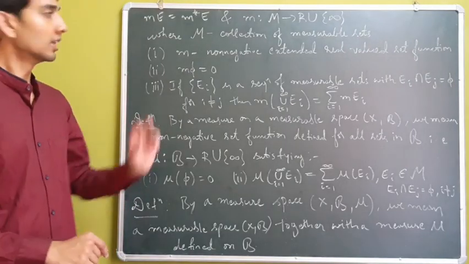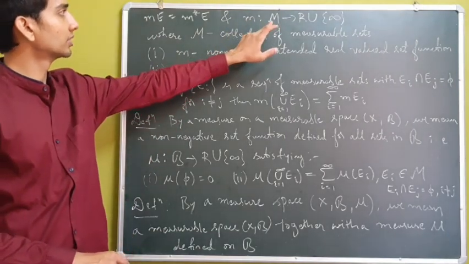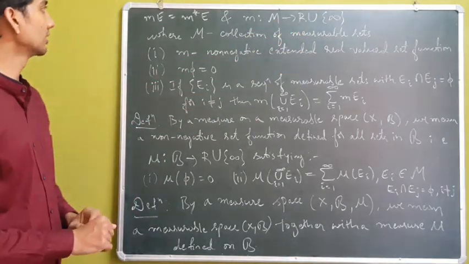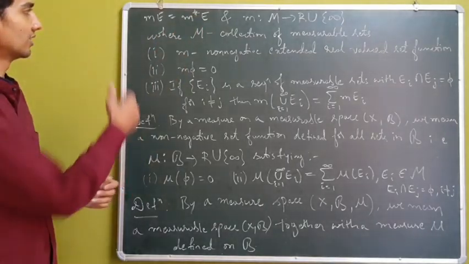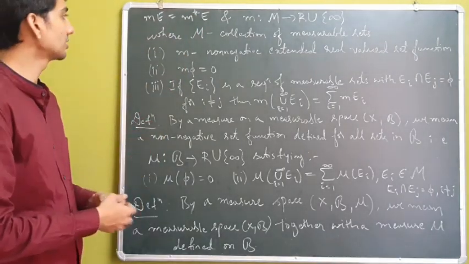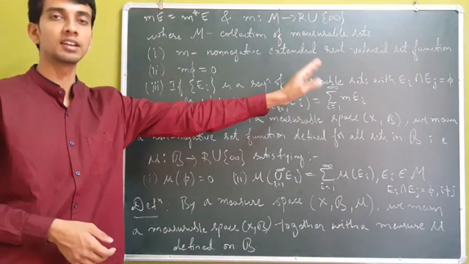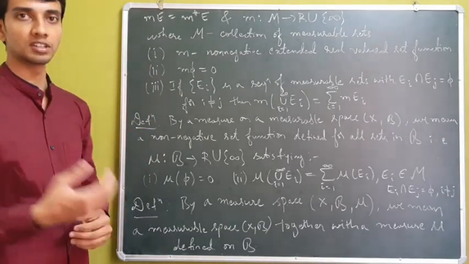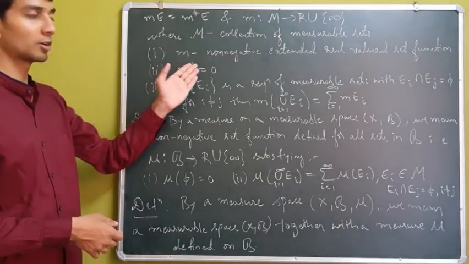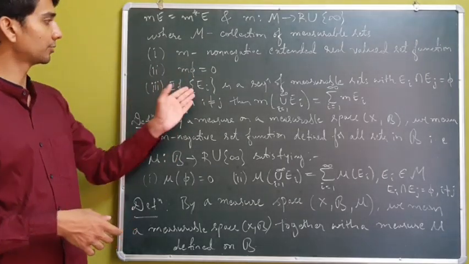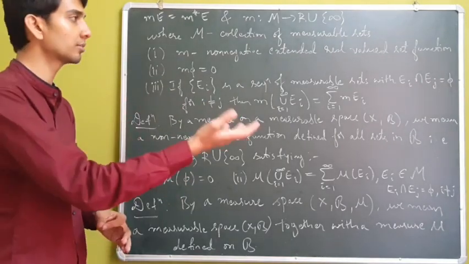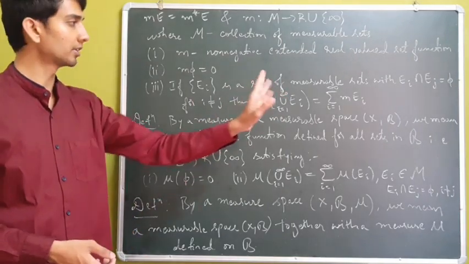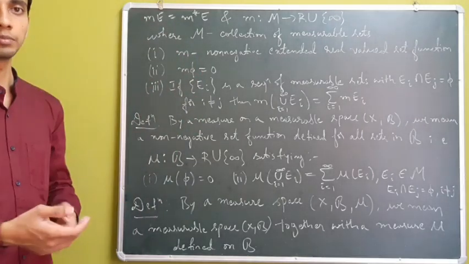A measure is a mapping from M, which is a collection of measurable sets, to [0, infinity]. Then it satisfies these three properties: it is a non-negative extended real valued set function, where by a set function we mean the domain of definition is a class of sets; the measure of the empty set is 0; and finally, if the E_i are a sequence of disjoint measurable sets, then the measure of the union of the E_i is the same as the summation of the measures of the E_i. So this is what we meant by a measure.